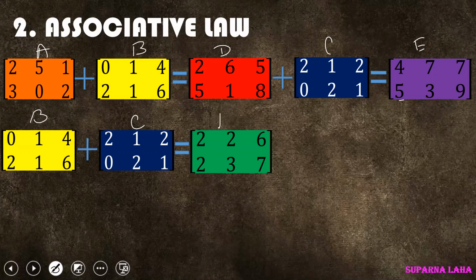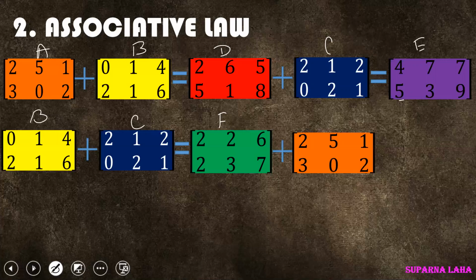Name it F. Now with this F, add the matrix A: 2, 5, 1, 3, 0, 2. After adding, you will find this answer: 4, 7, 7, 5, 3, 9. Now look at these two matrices, E and this other matrix. These two are the same. That means this is also E.